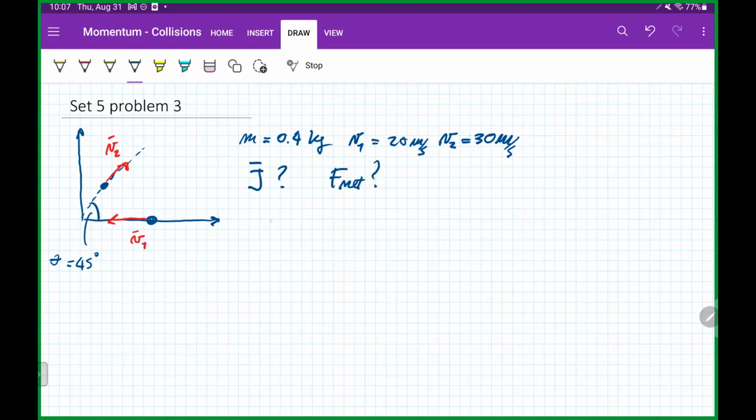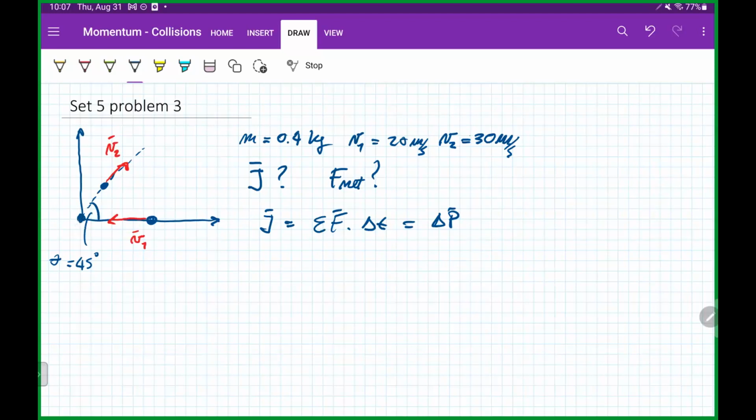We know that J is the net force multiplied by delta T, and that's delta P. Right, so it seems that we need to calculate the momenta for those two situations.